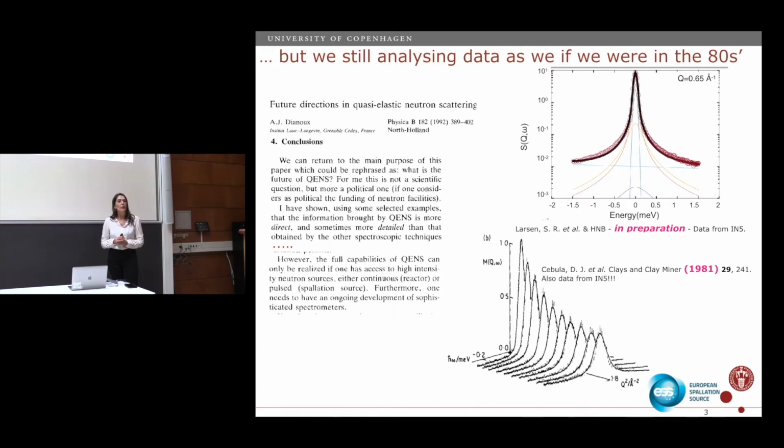And in this paper, what it is said is that quasi-elastic neutron scattering has a lot of potential in '92. We need better instrumentation. What I want to argue is that the very good instrumentation is already there. So this data here was taken on the same instrument in 81 and in 2019. We analyze the data still in the same way. Why do we do that?